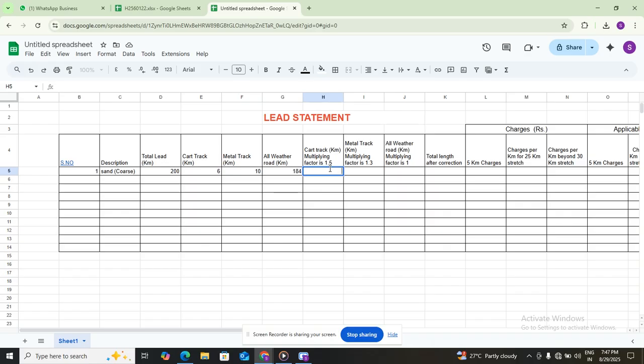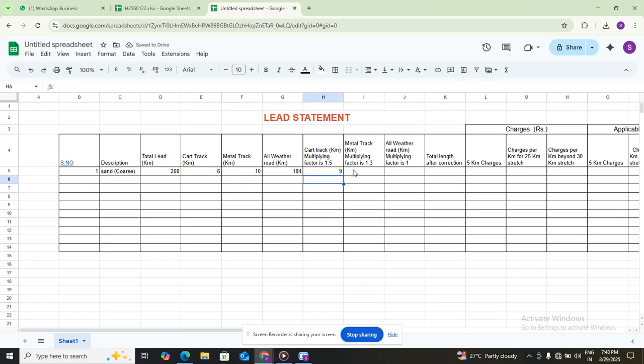Next, we multiply by the factor because fuel consumption is more. That's why we take 50% more for the cart track. We multiply by the factor of 1.5, which gives about 9 kilometers.